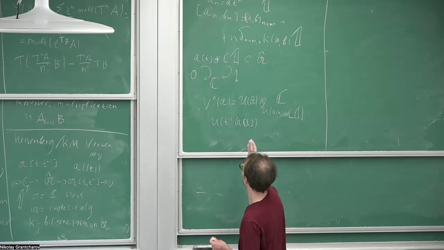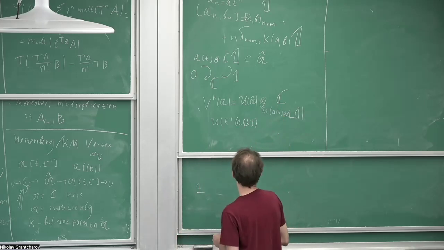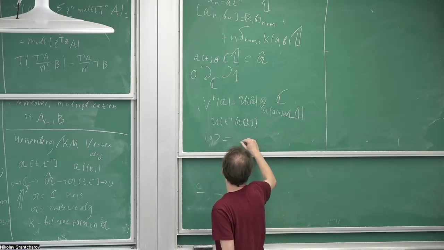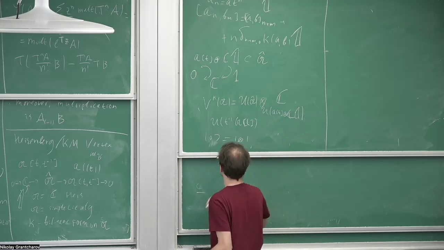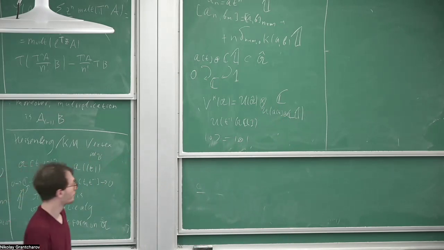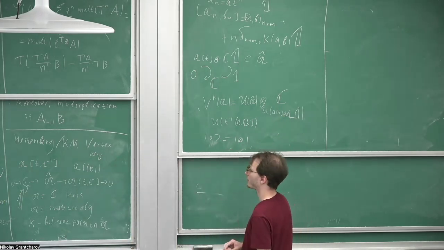Yes, so this is my vector space, and the vacuum is 1 tensor 1. Yes, so this will be a graded vertex algebra.